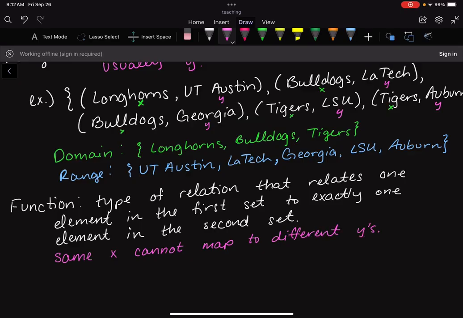That's what happens with a function. However, you could have two different x's that have the same y. So we can have two different x's with the same y.